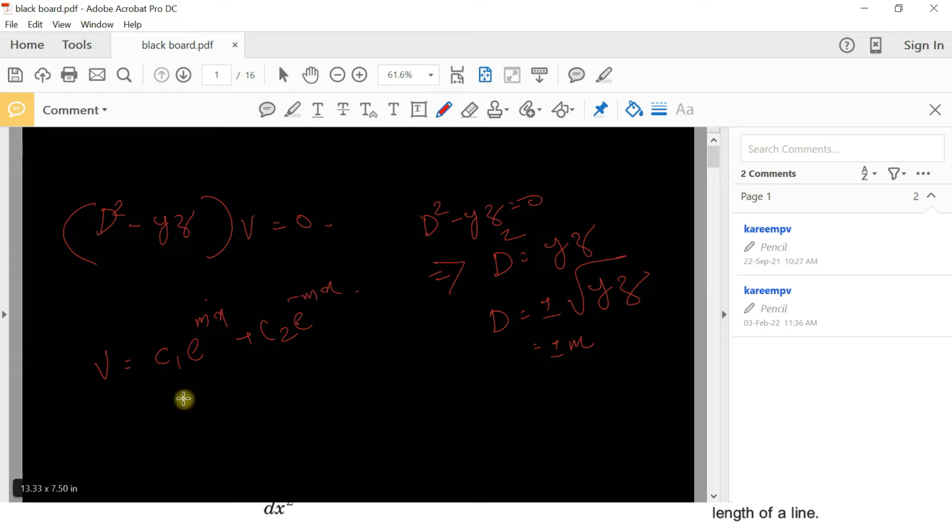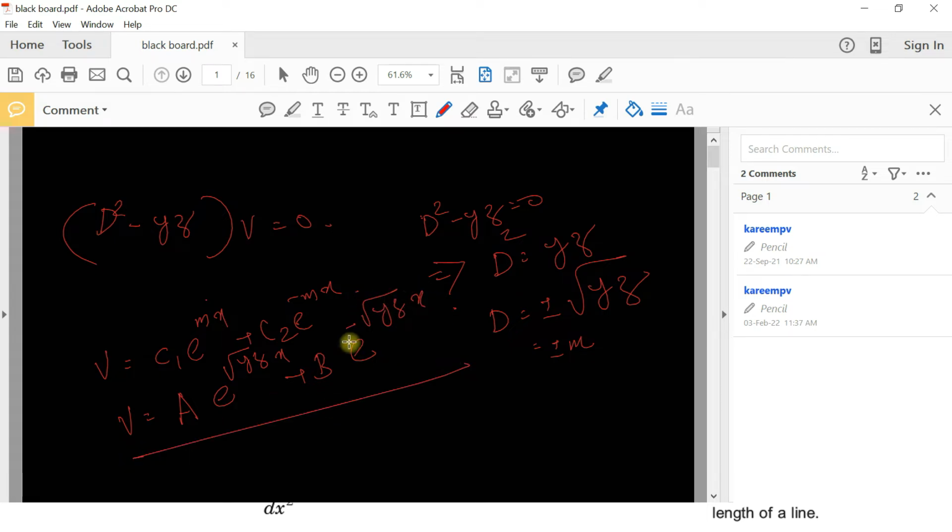You might have studied this in mathematics. So instead of m, you have plus or minus root of YZ. So the solution will be V equal to a constant A times e raised to root of YZ into x, plus B, a constant which we have to evaluate, times e raised to minus root of YZ into x.